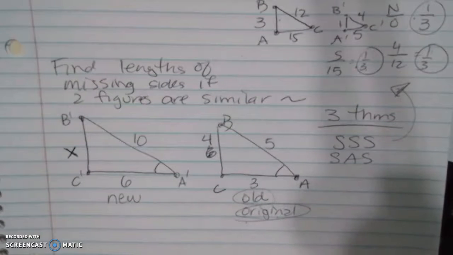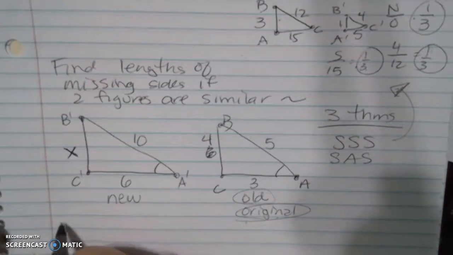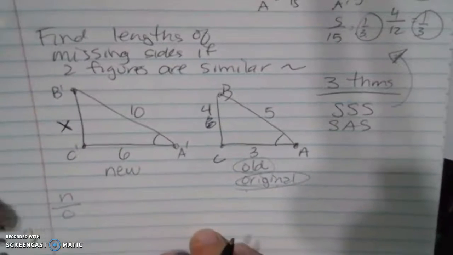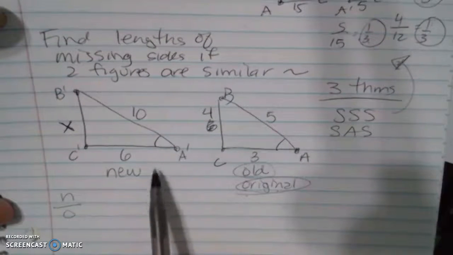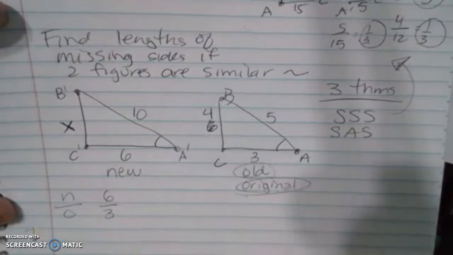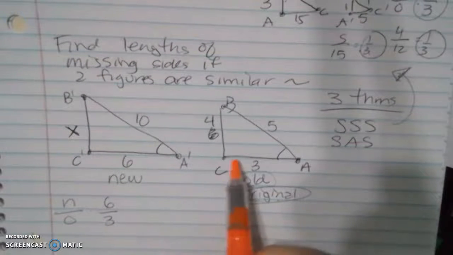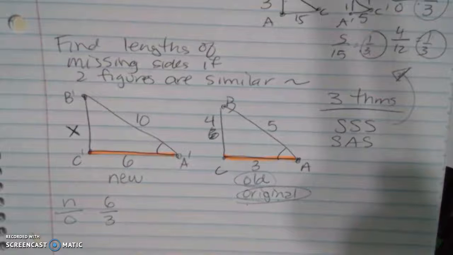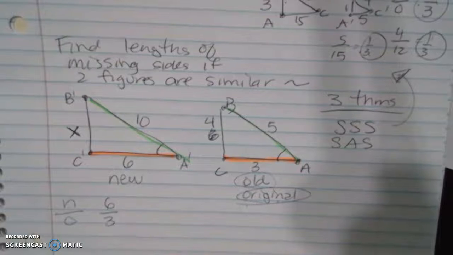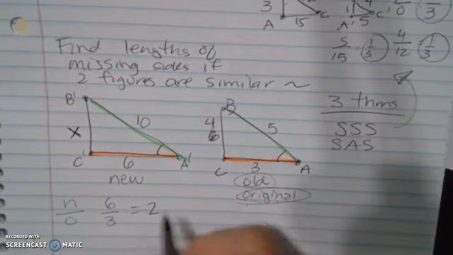So if you do new over old, I want to set up a ratio, new over old. Well, first of all, I have to prove that they're similar. And I can see that my new is 6 over 3. These sides right here line up. I can set them up and make them the same color. These sides right here are the same. 6 over 3 reduces to 2.